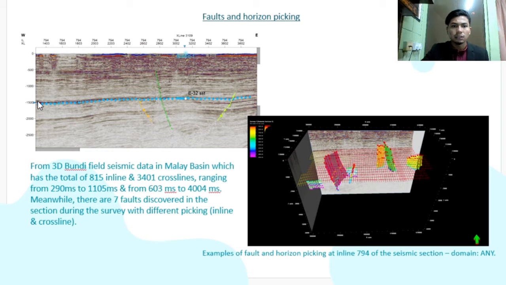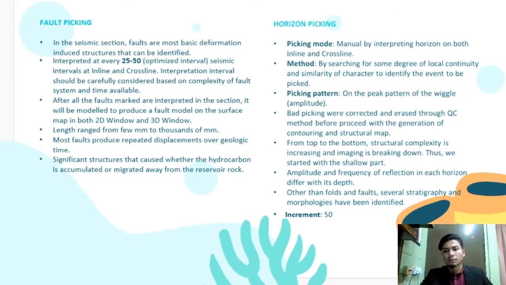The dots indicate the lines that we have picked, and this line also shows the fault that the Bundi well section has. So this is how we pick the fault and the horizon.